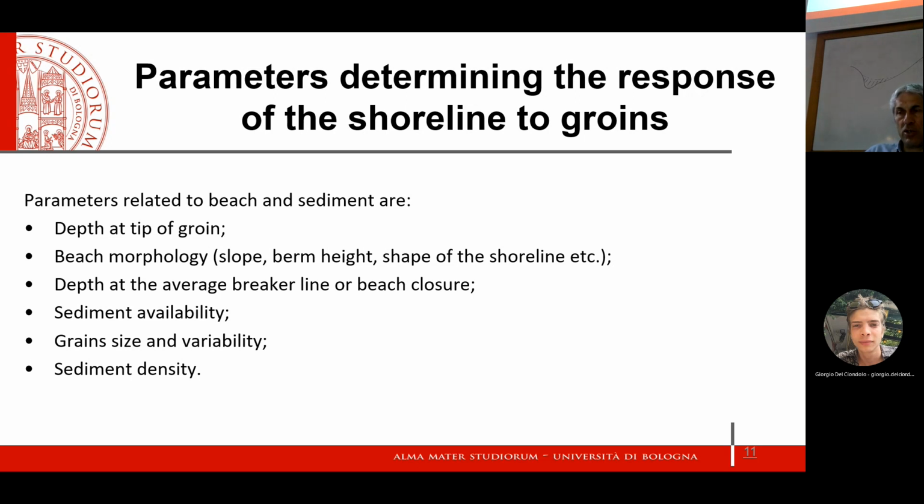The beach morphology, slope of the beach, height of the berm, presence or absence of the dune, shape of the shoreline, which we already discussed, the depth at the average breaker line or beach closure, sediment availability, grain size and variability of grain size, sediment density, which is another important parameter.